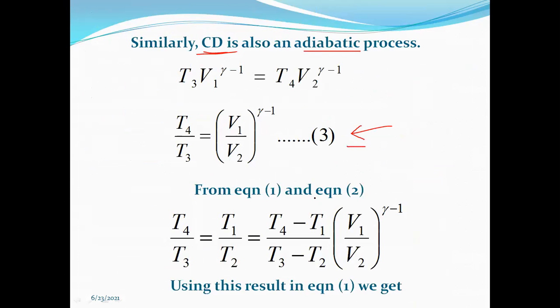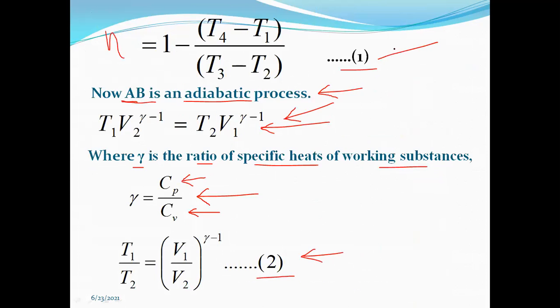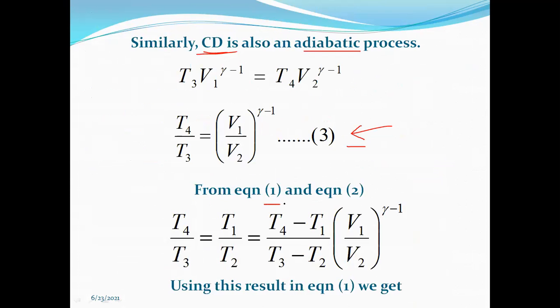From equation 1 and 2, which is equation number 1 and which is equation number 2, we can write T4 upon T3 is equal to T1 upon T2, which is also equal to T4 minus T1 divided by T3 minus T2.